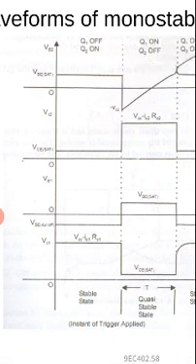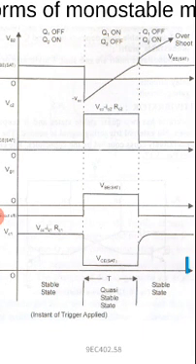Here for VB1, it is VB cutoff for Q1. Whenever Q1 is on, it is VB saturation.